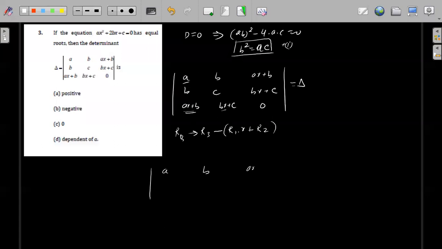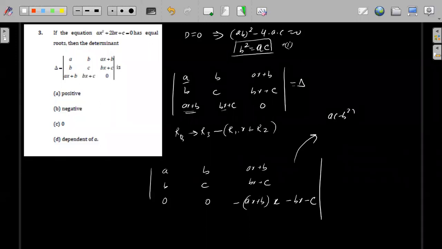A, b, ax plus b. This is b, c, bx plus c, and this will be 0. This will be 0, and this will become (ax plus b) into x minus bx minus c, right? So when I find the determinant of this, it will simply become (ac minus b square) into a function of x.